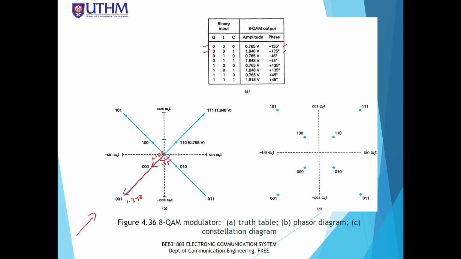Okay, and if we see the phasor diagram, we have the first symbol 0, 0, 0.